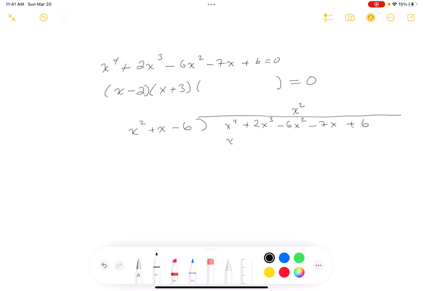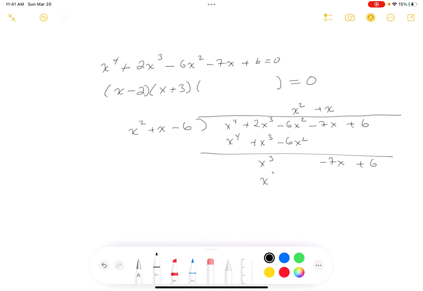What do you get? x to the fourth plus x cubed minus 6x squared. Subtract. What do you get? x cubed minus 7x plus 6. What are you going to get here? It looks like you need an x.